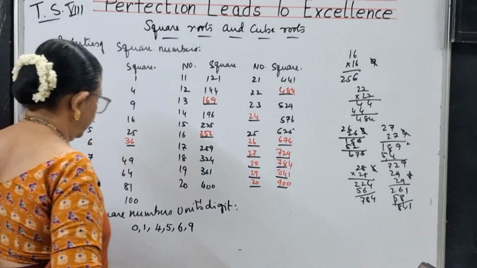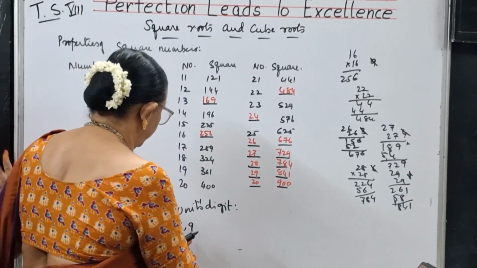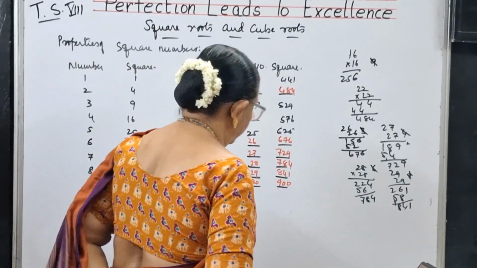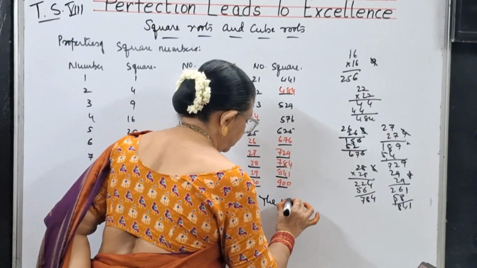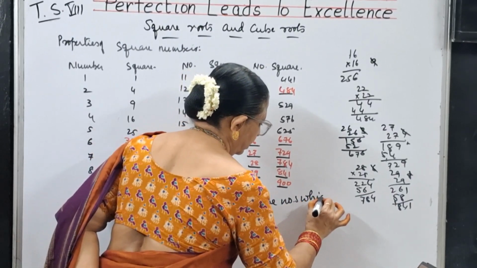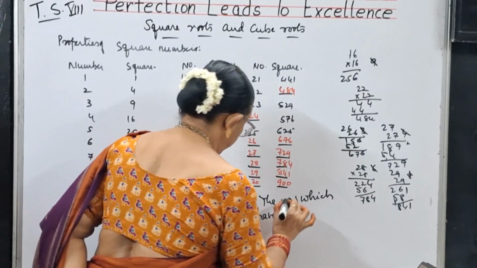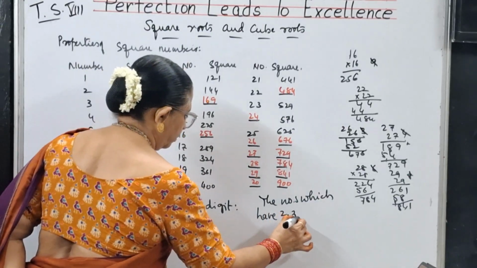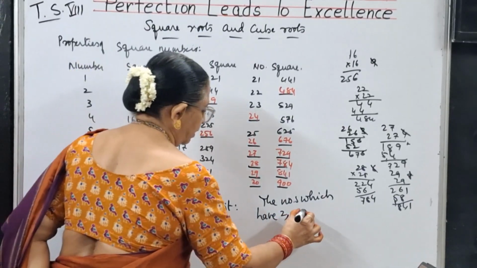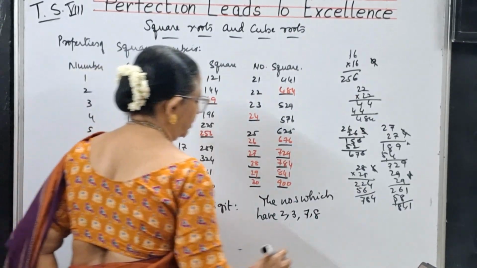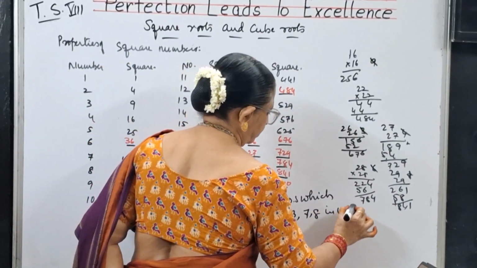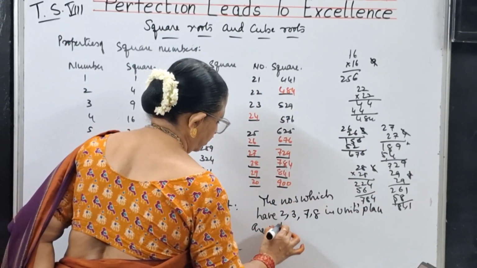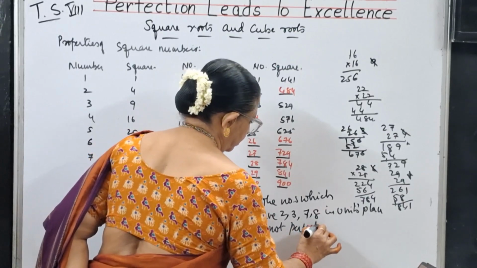And the numbers which end with other values, 2, 3, 7, 8 in units place, are not perfect squares.